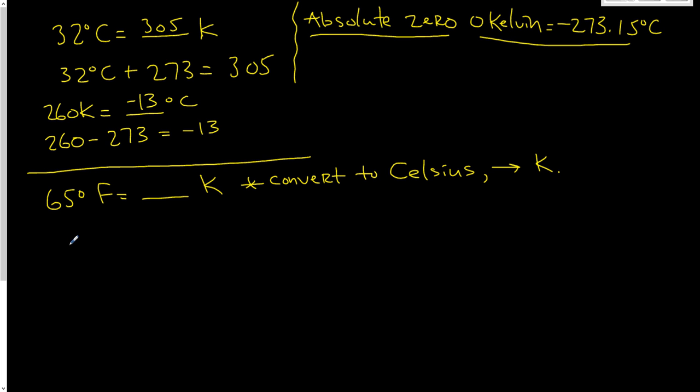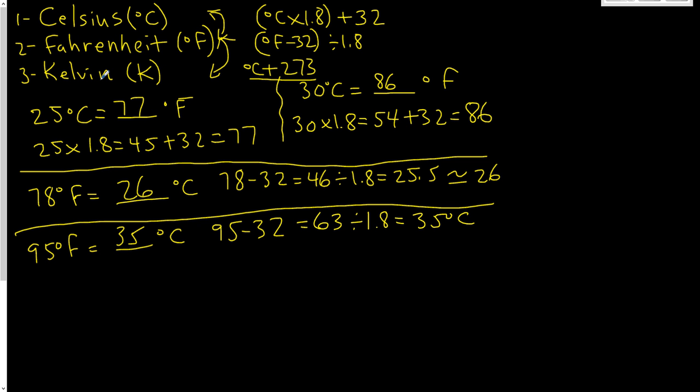So we're going to take 65, and look, we'll go back over here and take a peek. We're going from Fahrenheit to Celsius, so we're going to subtract 32 and divide by 1.8.